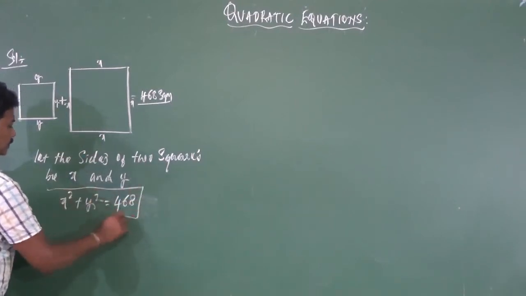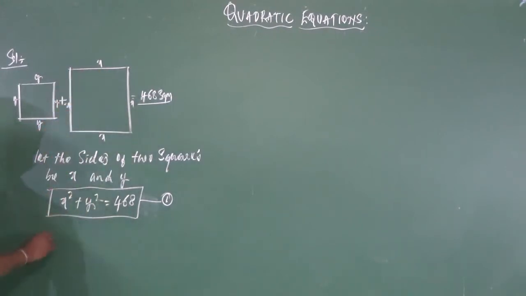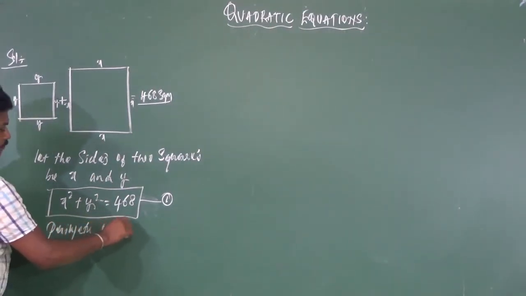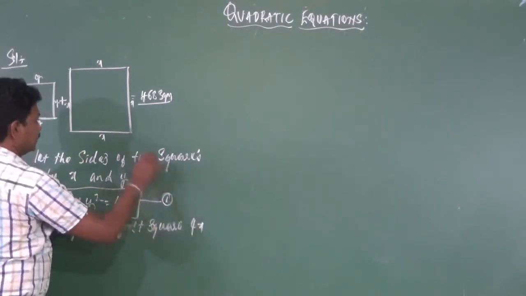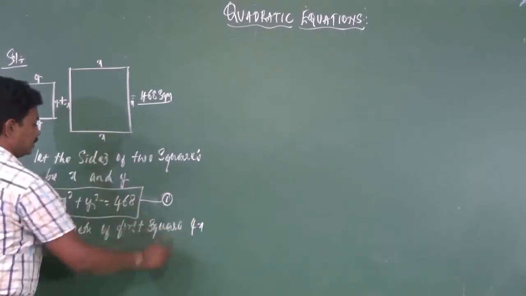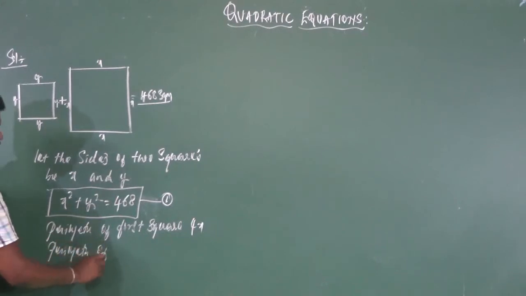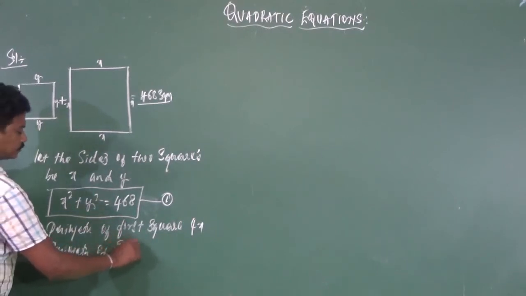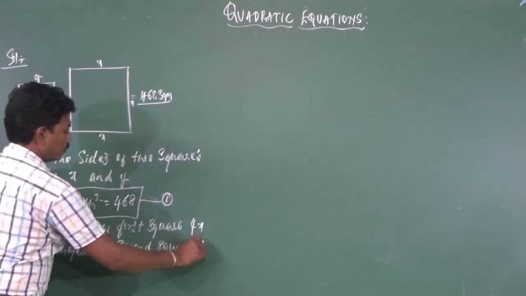Okay, so let us take it as equation 1. Now the difference of their perimeters is 24 meters. So here the perimeter of the first square is 4x, that is x plus x plus x plus x, that is 4x, and the perimeter of the second square is 4y.